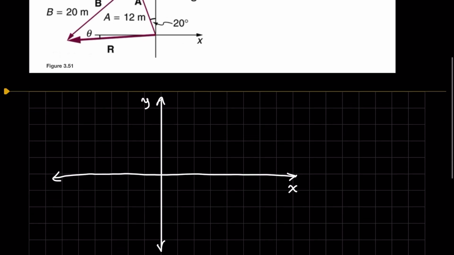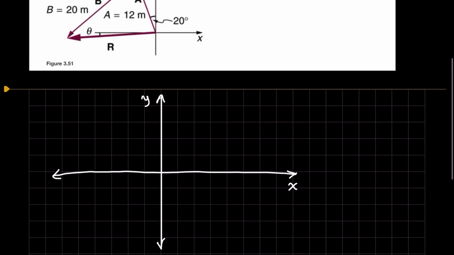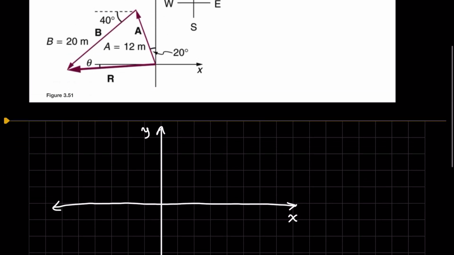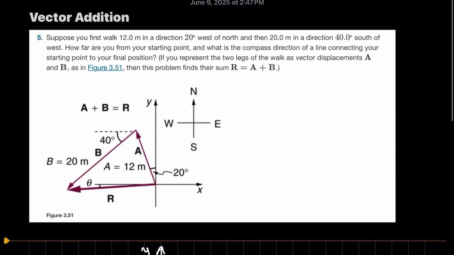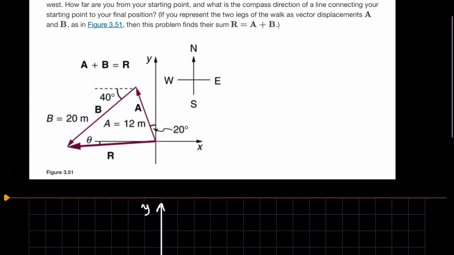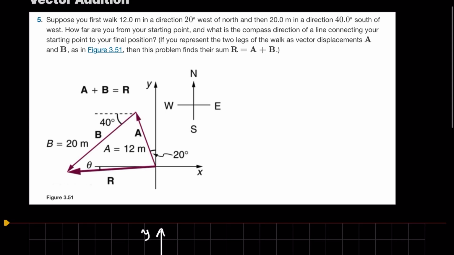If you just imagine you are looking at this from a bird's eye view, positive y could be your north direction, and positive x could be the east direction. So even though they're saying you're moving north and east, you want to translate that to x and y.